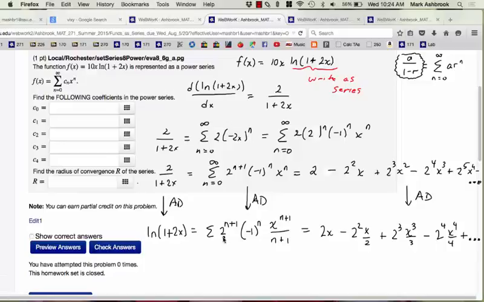I'm going to get 2 squared times negative 1 times x squared over 2. Cool. Exactly right. And then let's just do one more. n equals 2 should give me this right here. 2 cubed, negative 1 squared is positive 1, x cubed over 3. There it is. So this is right, as long as I start this with 0.